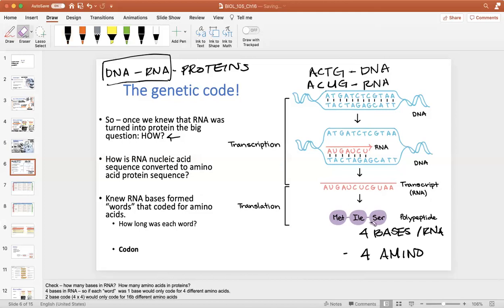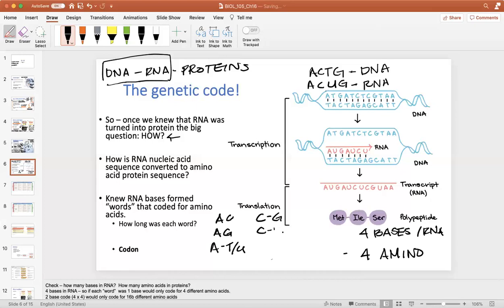So what if it was every 2 bases? What if it was a sequence of every 2 bases, like AC, AG, AT/U, and then you could have CG, CT, et cetera, et cetera.